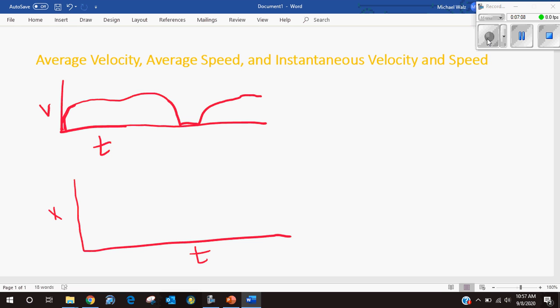But if you had a displacement time graph, then you would see that it's changing quickly, and then you maintain, maybe get a little faster, and then you stop, and then you quickly change, and then you kind of go like that. So this would be your distance time graph.